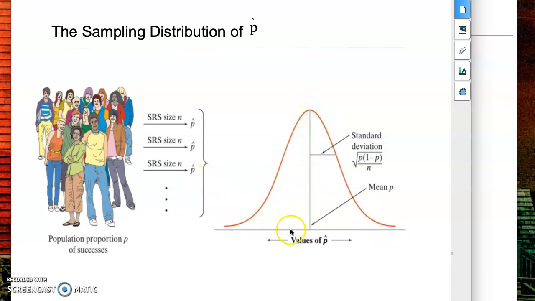We will end up with a normal distribution where the mean is p, which is the population proportion, and the standard deviation given by this formula. I think that's all there is. Yes, that is it. So, I know this might be confusing. I would suggest that you go through this and look through the book and read the examples in the book, and hopefully you'll be able to make some sense out of this, and we will talk about it at our next class.